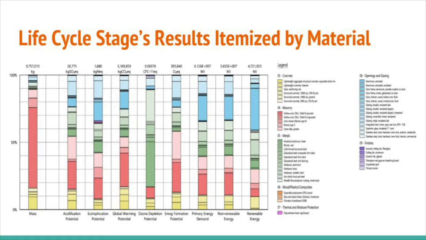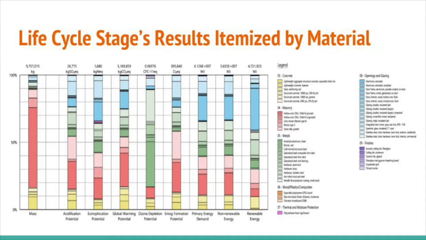And you see acidification potential, eutrophication potential, global warming potential, and smog formation potential, in which masonry takes up a plurality of the environmental impact. Ozone depletion potential is primarily taken by metals, and openings and glazings take up a good portion of renewable energy, non-renewable energy, primary energy demand, smog formation potential, global warming potential, eutrophication potential, and acidification potential.